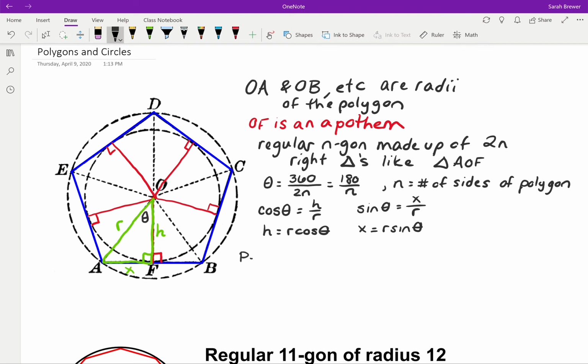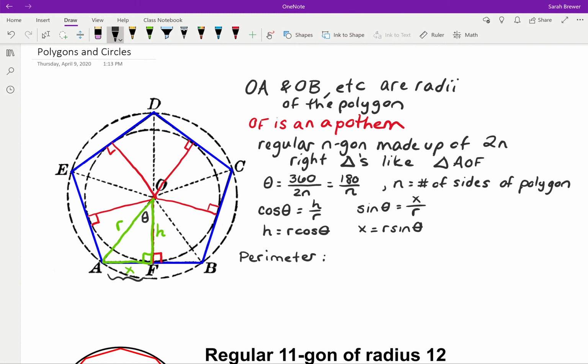Okay, so perimeter is the easy one. So my perimeter, sorry if you can hear my kids yelling in the background. Well, if I know this length x is r sine theta, then how many of those x line segments do I need to make up my entire perimeter? Well, for this regular 5-gon, I'm going to need 10 of them, 2 for each of 5 sides.